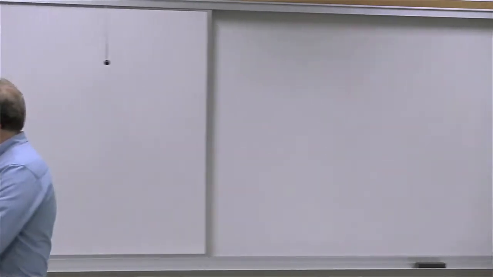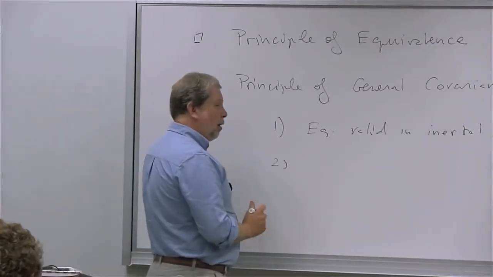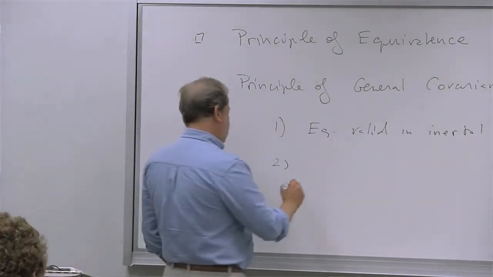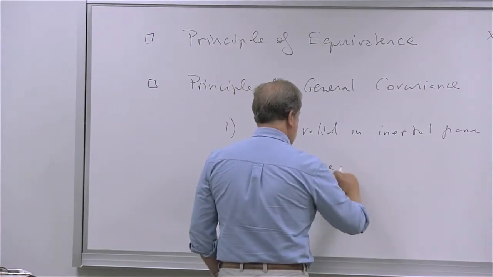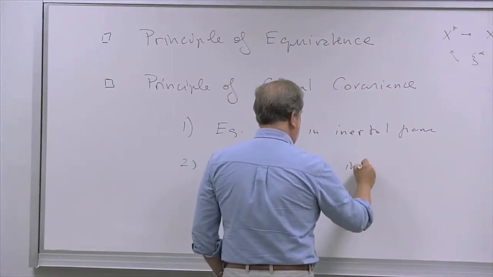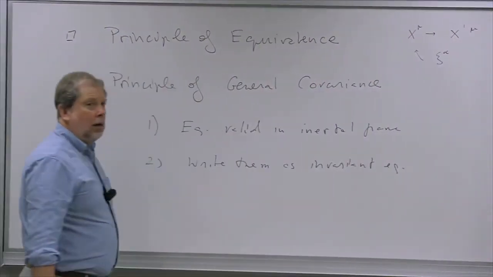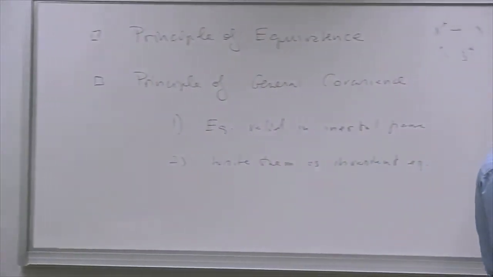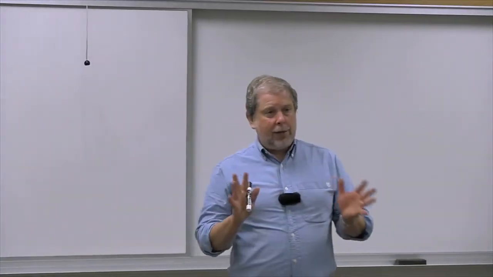And then the next step is to make sure that these equations are generally covariant. That is, they are form invariant and they're valid in any coordinate system. So write them as invariant equations, which means that they have the same form in any coordinate system, right? They have the same shape.